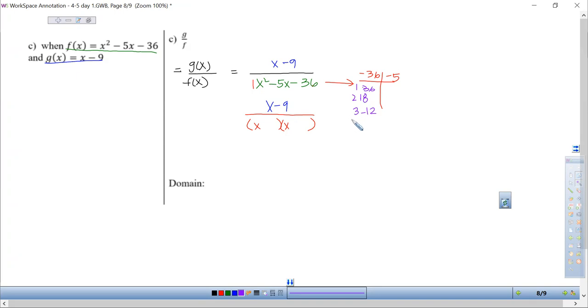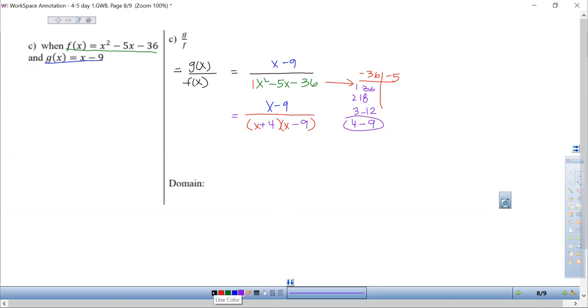Then 4 and negative 9, that one's going to work, right? 4 minus 9 is negative 5. Again, because A was 1, I know that X and X are my first terms in my factors, and the numbers from the product sum are the second terms. So I've got X plus 4 and X minus 9.